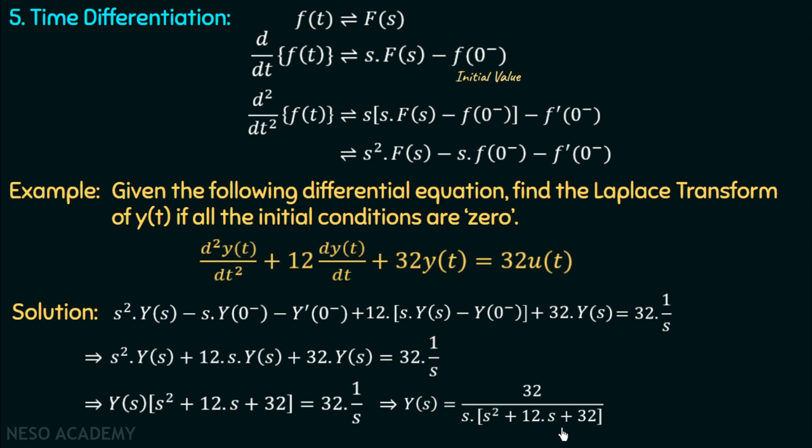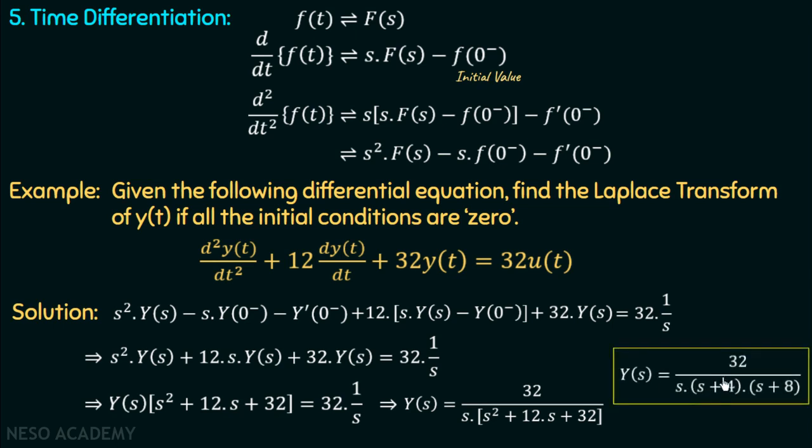Now we can factorize this quadratic equation, and we will have two factors, s plus 4 and s plus 8. So we can write Y of s as equal to 32 over s multiplied s plus 4 multiplied s plus 8.